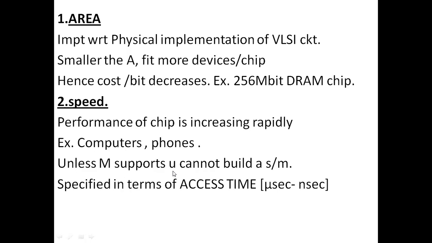Unless memory supports it, you cannot build a system. So while designing a system, the role of memory is very important, and we want our system to have a wide range of memories to store lots of information.